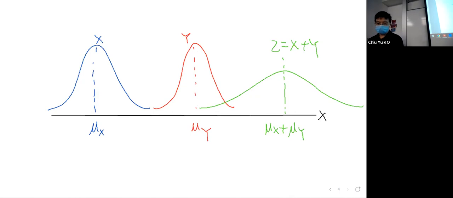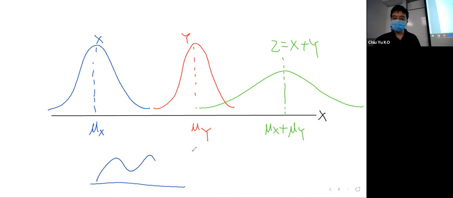What's the question from the chat? No bimodal. Someone is asking why, when you add two bells, it is still a bell. Yeah, that is something very special. Asking why you do not see this kind of style, not a camel? No, it's not a camel. It's actually a bell. It's very special, that's why we need to mention it.